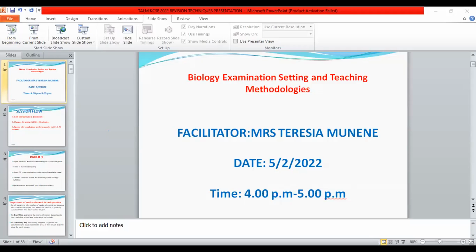Is it there? Is that slide there? No, we are actually on the first slide.